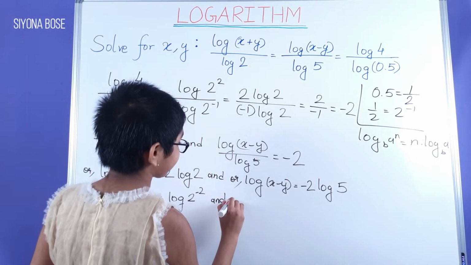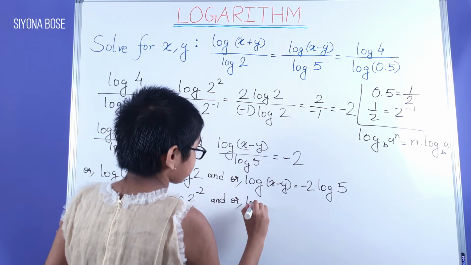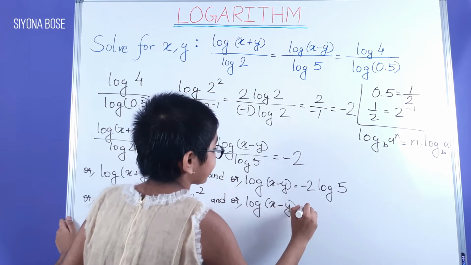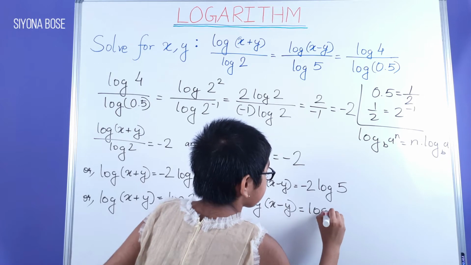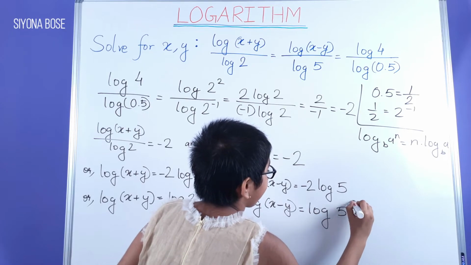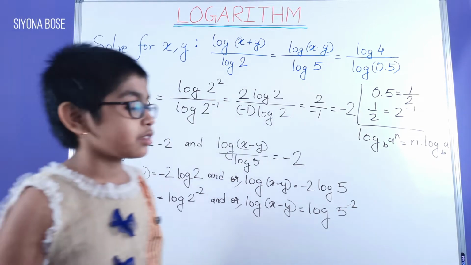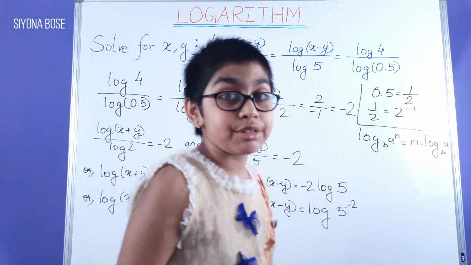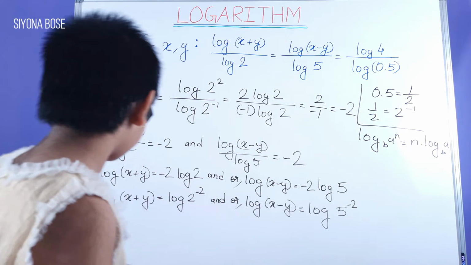And over here we get log of (x minus y) equal to log of 5 to the power of minus 2. 2 to the power of minus 2 is nothing but 1 by 2 squared, which is 1 by 4.